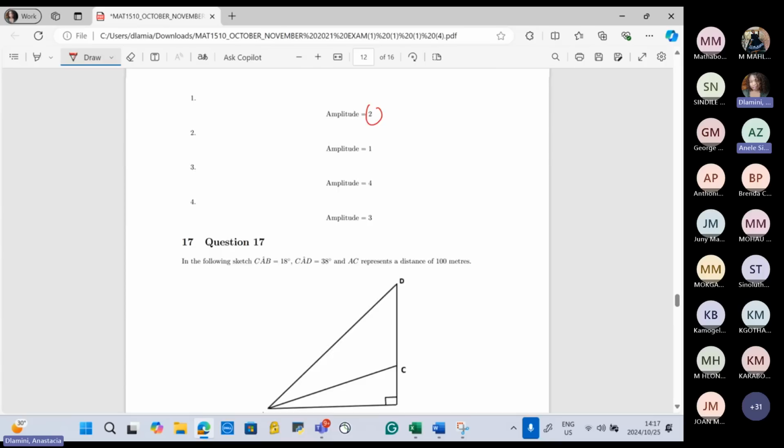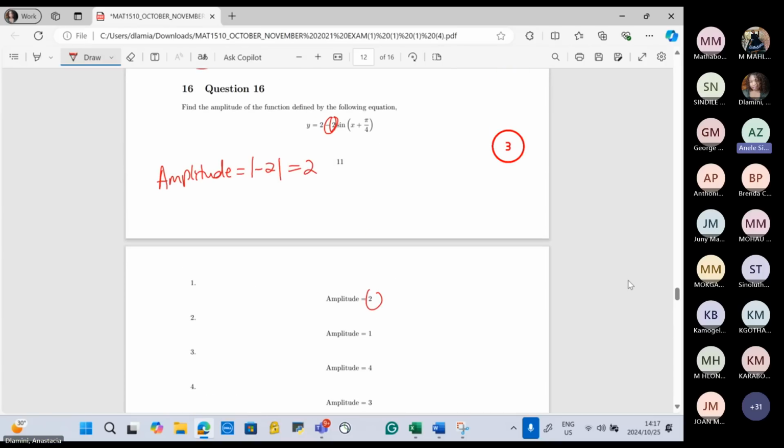Sorry ma'am, can I disturb you about the multiple choice question paper or exam that we're going to write? Is it out of 4 marks? How many questions are there? Is it 20 or the same as this one? It won't be the same. Some questions will be 1 mark, some questions will be 2 marks. So you might have like 30 questions, but it's 1, 2 marks, 1, 2 marks.